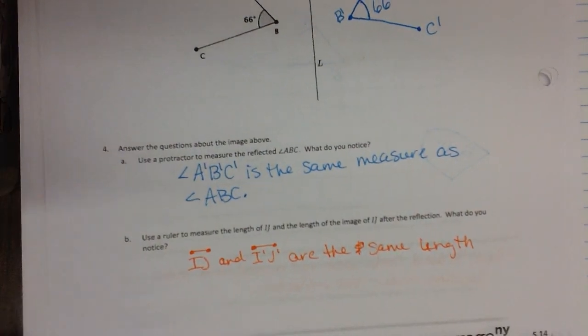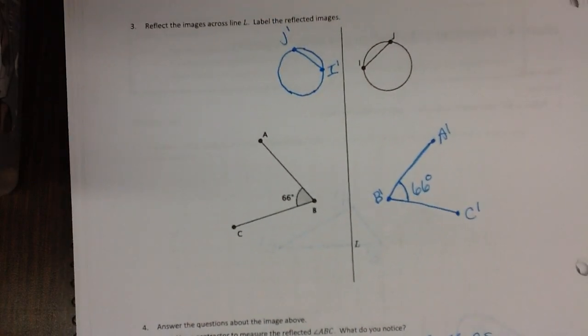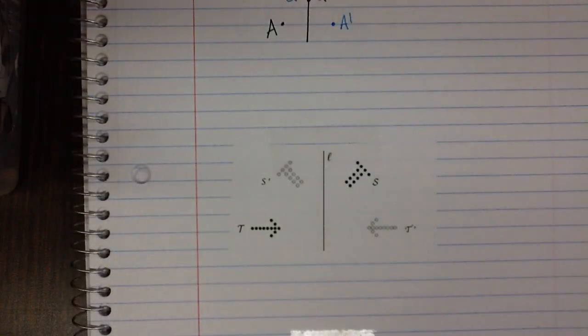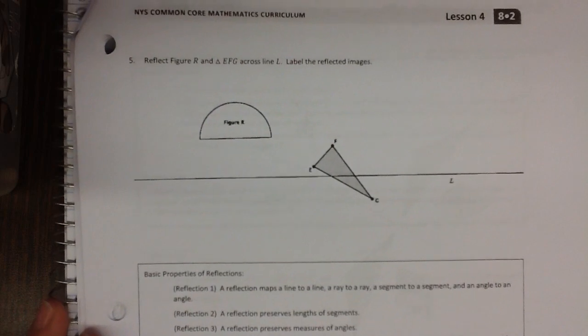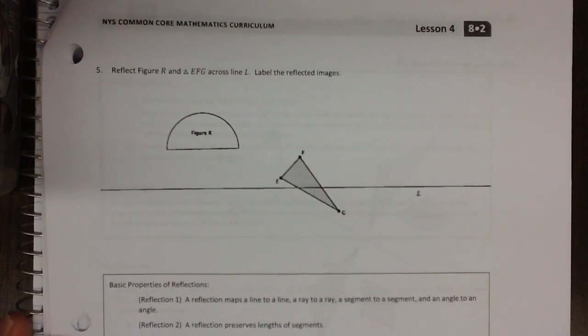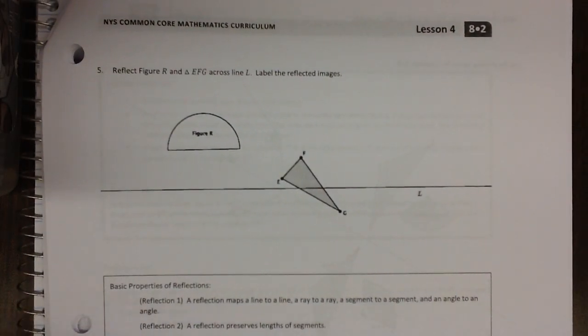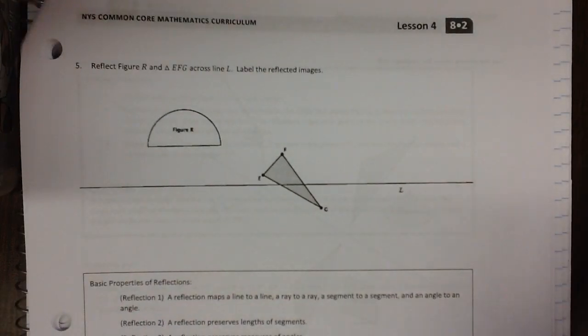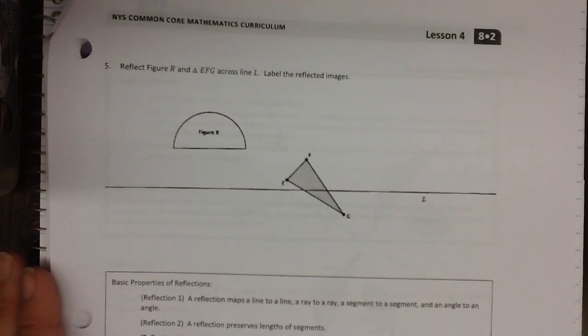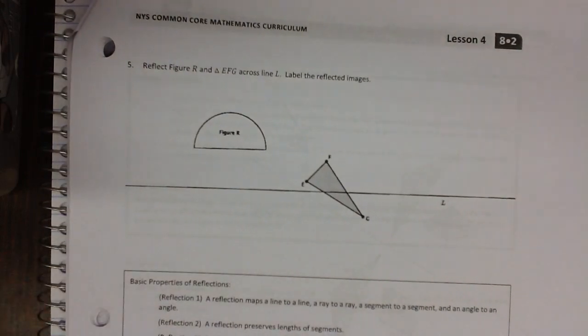Okay, so now let's look at number 5. Now we have a horizontal line and we're going to reflect figure R and triangle EFG.